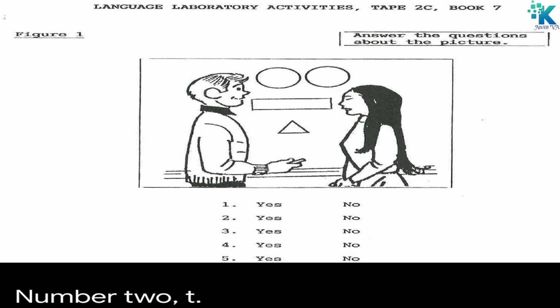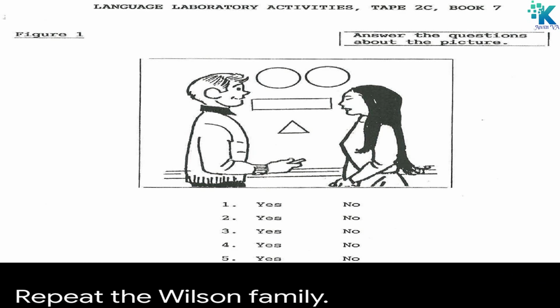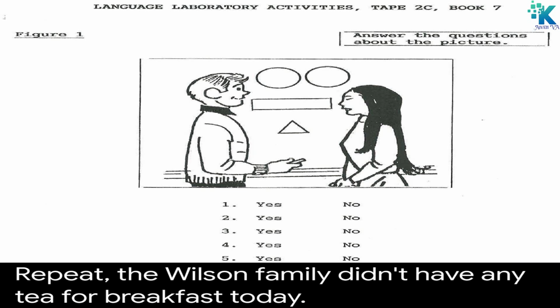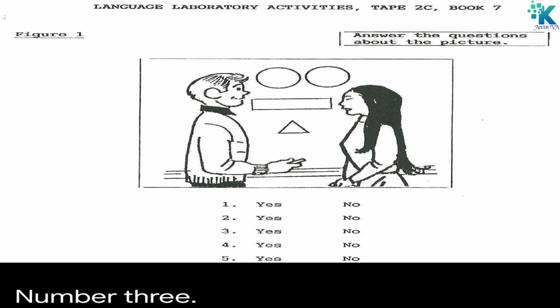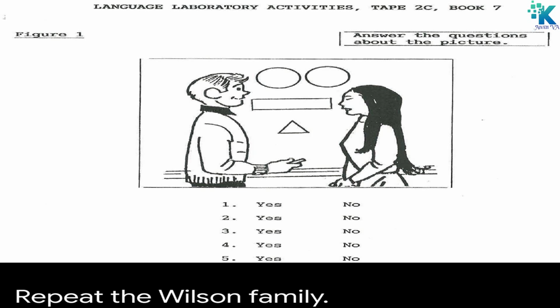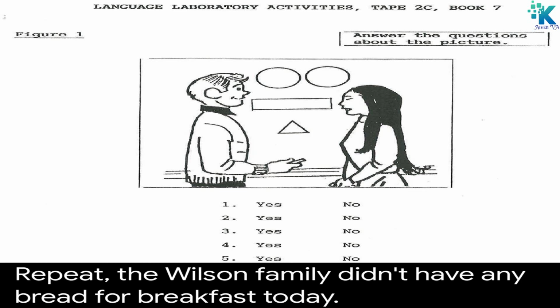Number 2. Tea. Repeat. The Wilson family didn't have any tea for breakfast today. Number 3. Bread. Repeat. The Wilson family didn't have any bread for breakfast today.